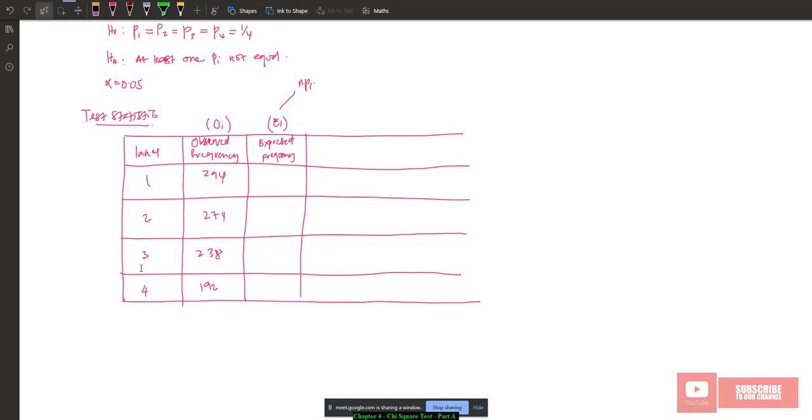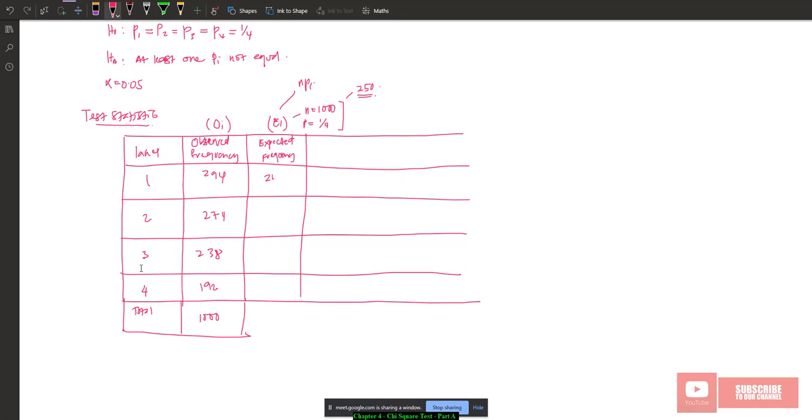N is the total frequency, 1000, and P equals 1 over 4. The multiplication gives 250.